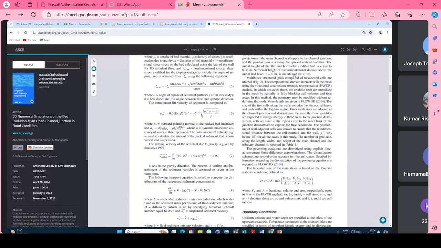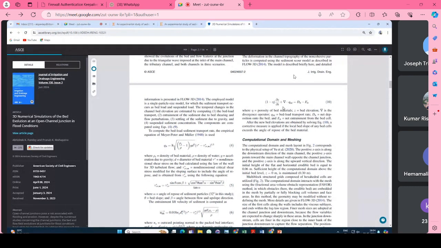Then we will use the Exner equation. That Exner equation is actually a conservation of mass of the bed particles, and that will tell you the changes in the elevation of the bed.